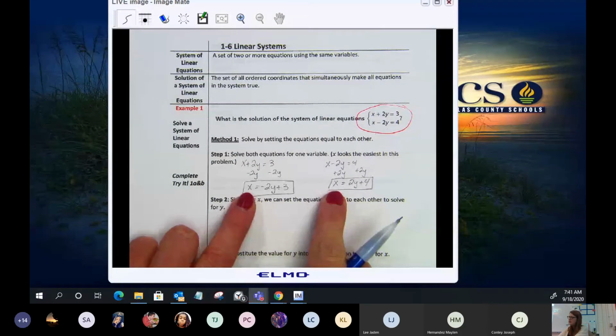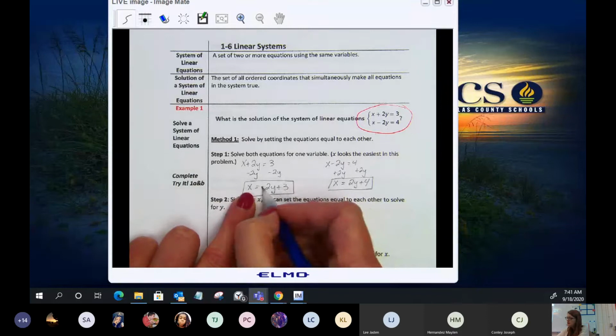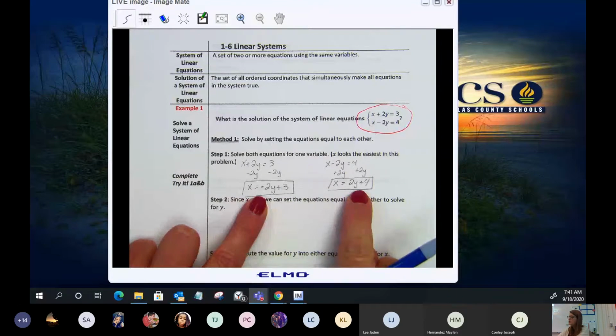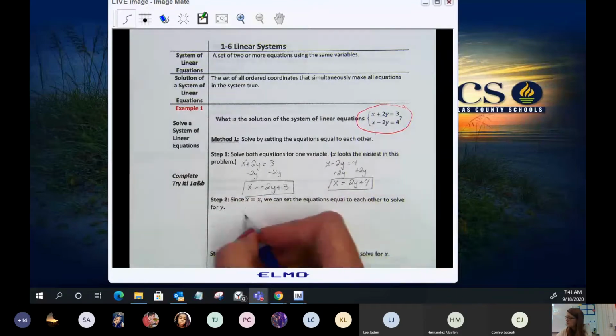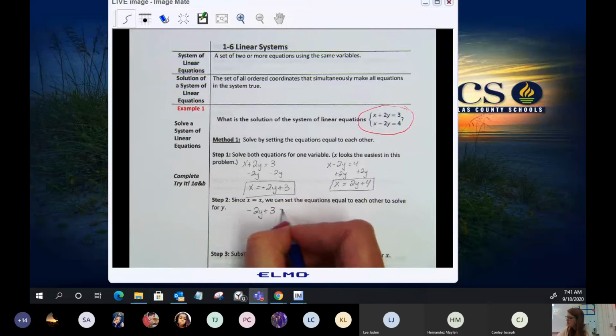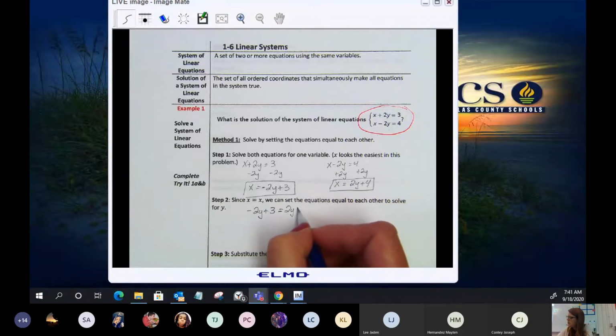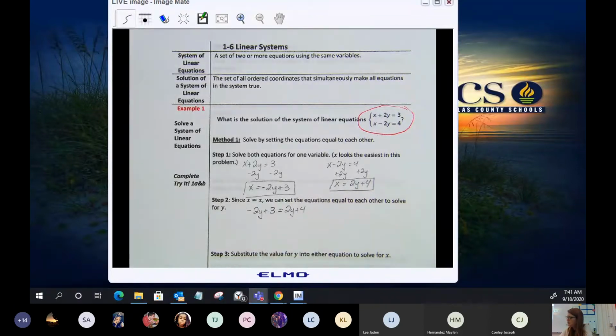So we can go ahead now and say, well, then if x equals x, negative 2y plus 3 has to equal 2y plus 4. And now notice we are down to one variable, and as long as we're down to only one variable, we can solve that easily.